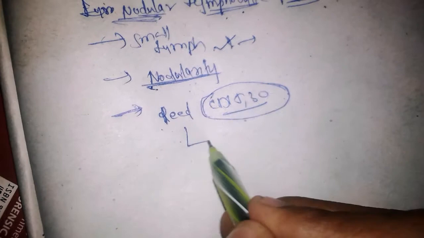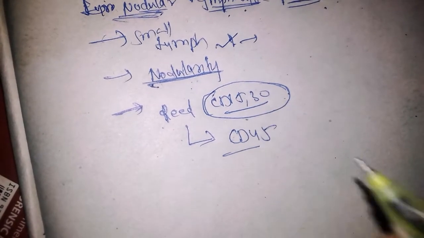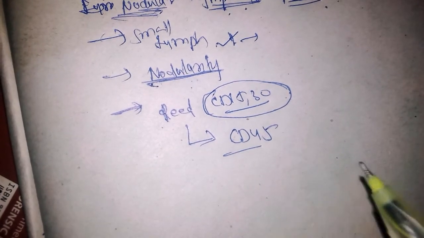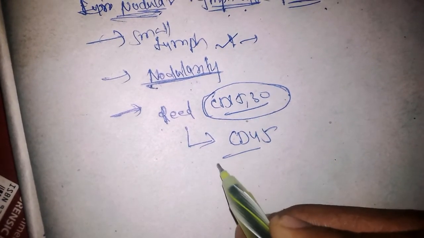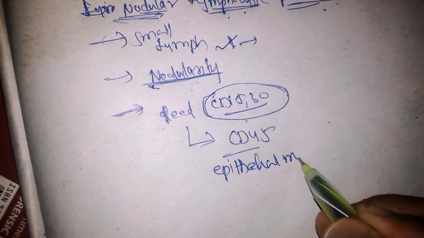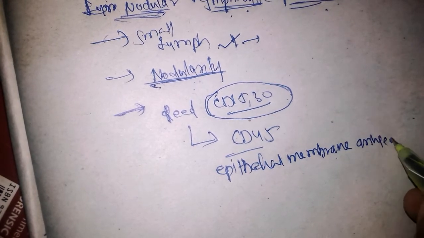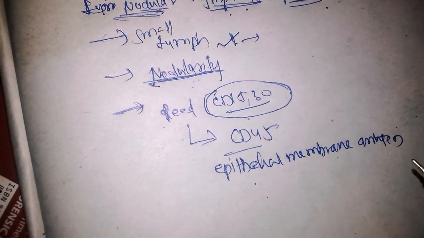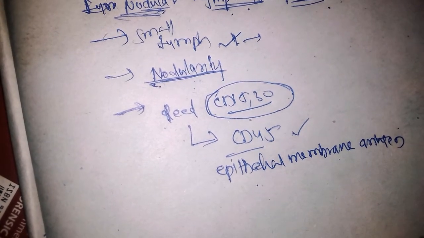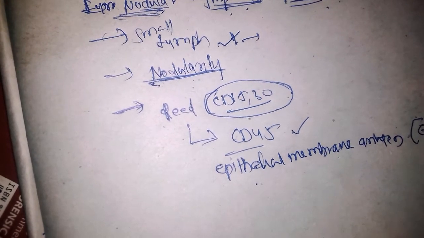The markers that are there in these cells are CD45 and another one, epithelial membrane antigen, termed as EMA, right?